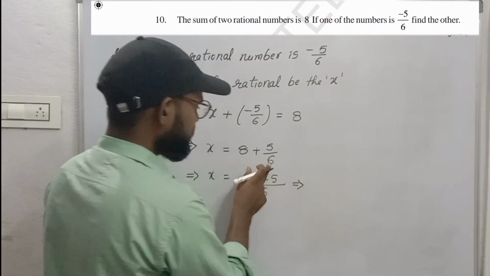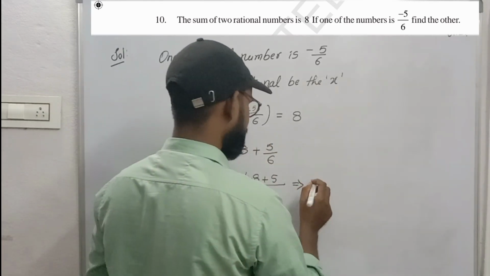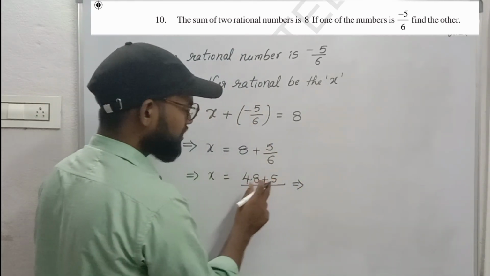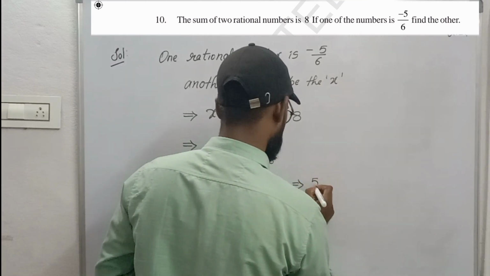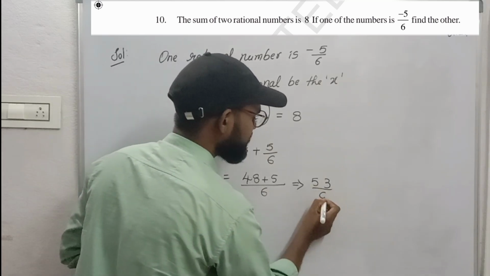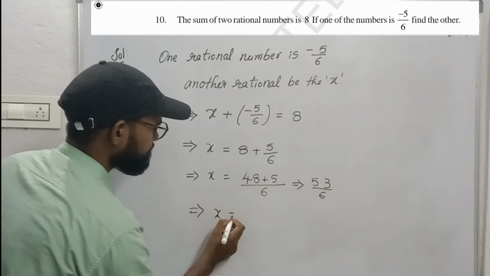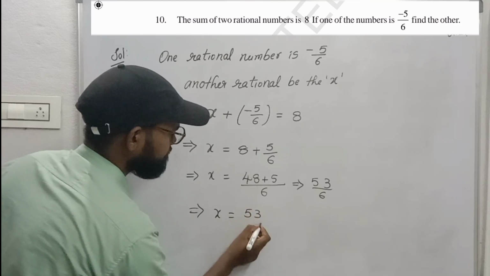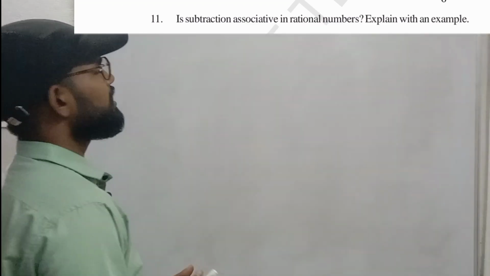So 6 8s are 48. 48 plus 5, how much? So 48 plus 5 is nothing but 53, 53 by 6. So what is your answer? The x value is 53 by 6.